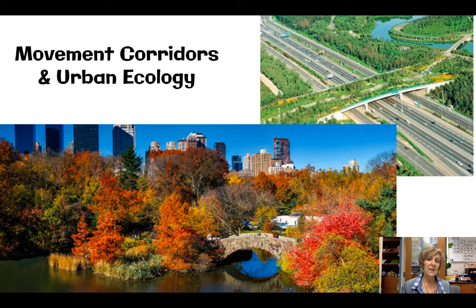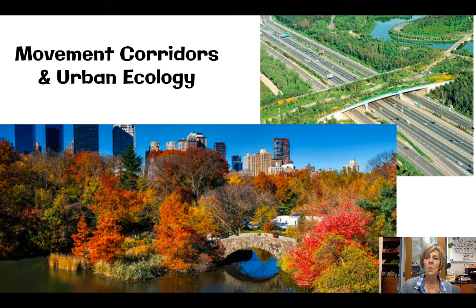So one of the things that humans have done is that even though we've altered the environment, like putting in a freeway you can see over here, we have tried to create movement corridors for organisms. So, for example, animals that are herd animals that migrate. If you have some kind of artificial barrier like an interstate highway, they're not going to be able to complete their migration.